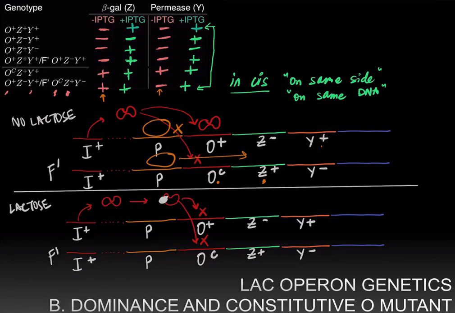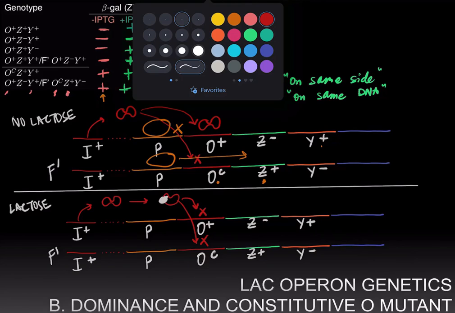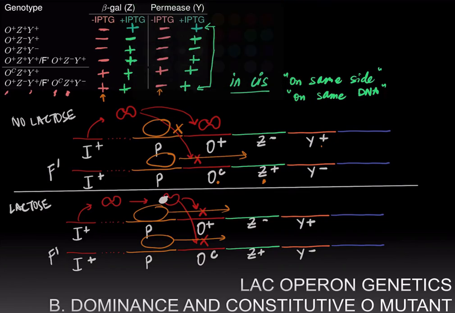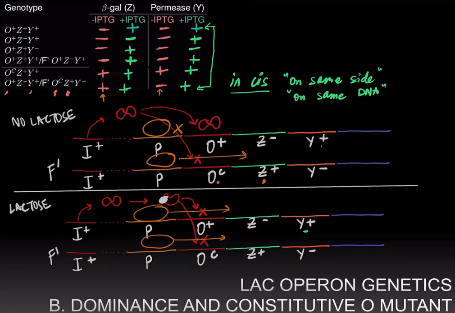And here it doesn't matter if you have a wild type operator allele or a mutant allele, either way the repressor is unable to bind, and therefore the polymerase will elongate on both the bacterial chromosome as well as the F prime plasmid, leading to expression of both permease as well as beta gal.